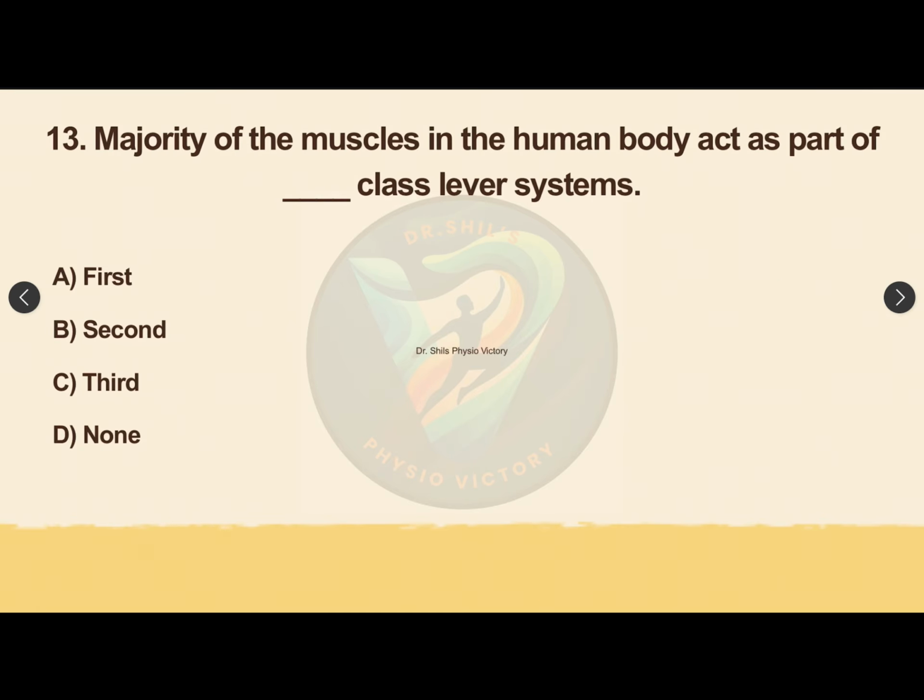The majority of the muscles in the human body act as part of dash lever. Option A first, option B second, option C third, and option D none. Here the correct answer is third.